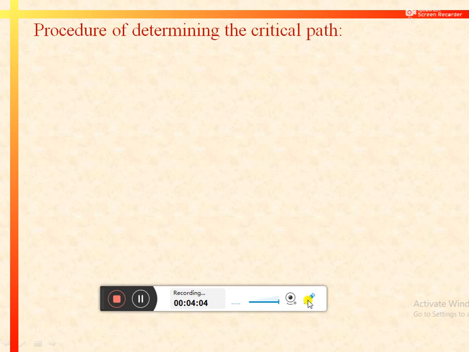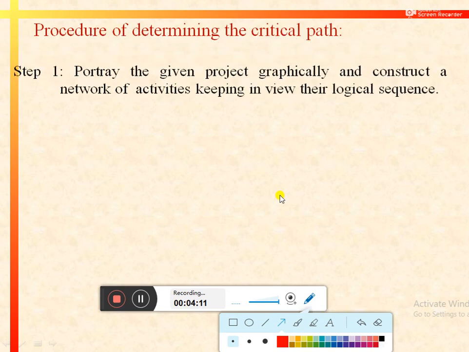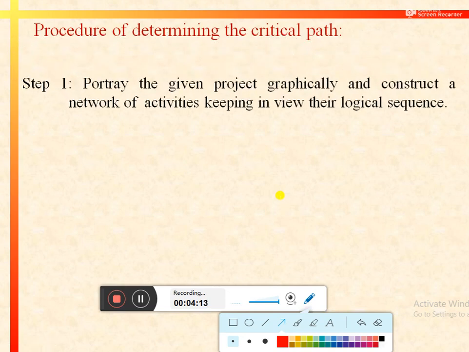But before that, we will discuss the procedure of determining the critical path. In step 1, we need to draw the different activities of a project in a graphical form, or construct a network of activities by keeping in view their logical sequence or technological order.